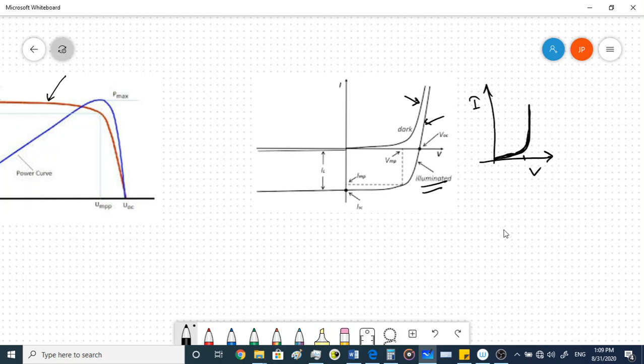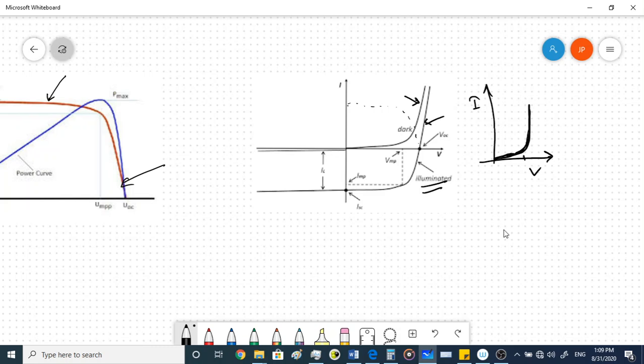This is the actual graph of the solar cell, but what we do is take the mirror image of this graph, and that is what we plot in the first quadrant in this form, right?